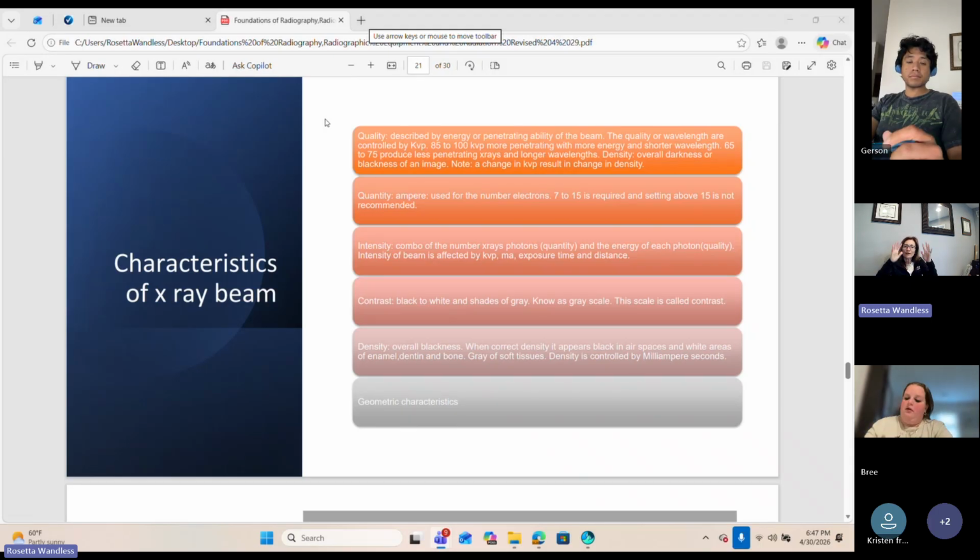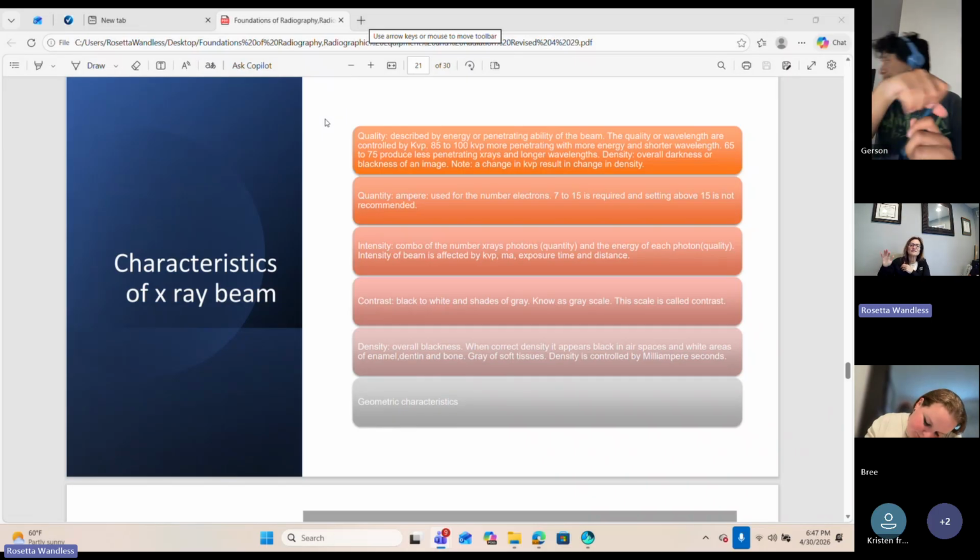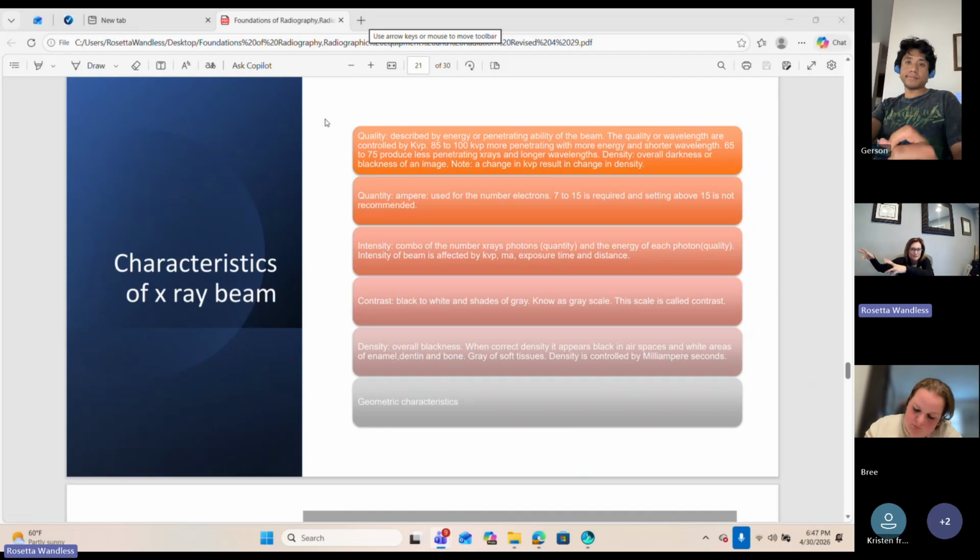Children, like an average size adult or large size adult, that's different density. It would have lower density, medium density, high density, or thick density kind of thing. Dense, right? When you hear the word dense, it's like thick, it's solid. But when we're talking about X-ray beam and the quantity or quality, here we're talking about the overall blackness of a picture, okay? So that's what we're talking about now.